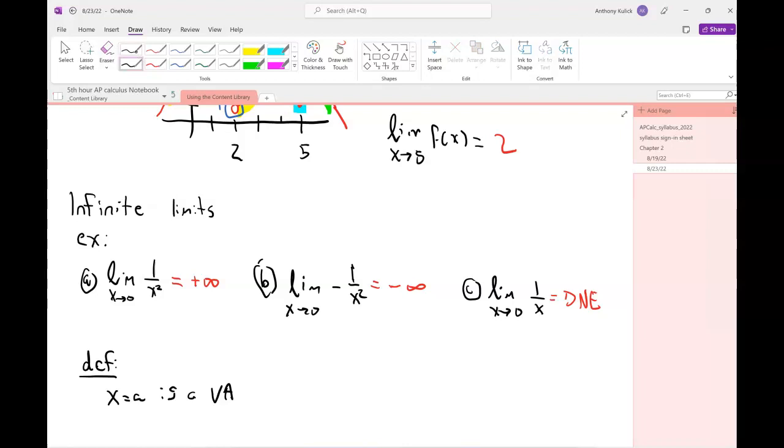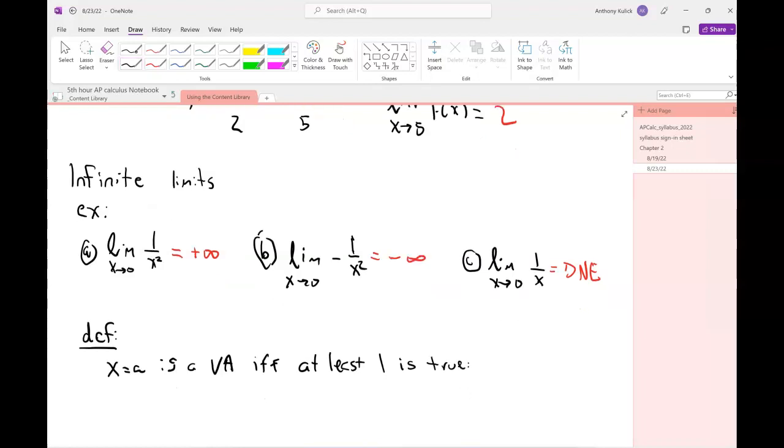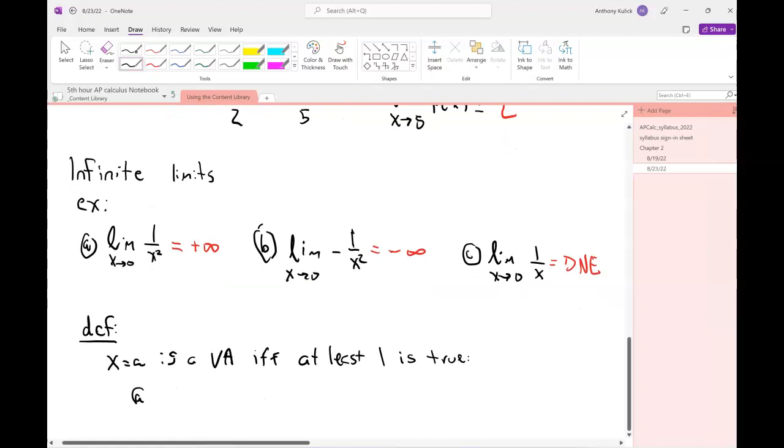So x equals a is a vertical asymptote if and only if at least one of these statements is true.